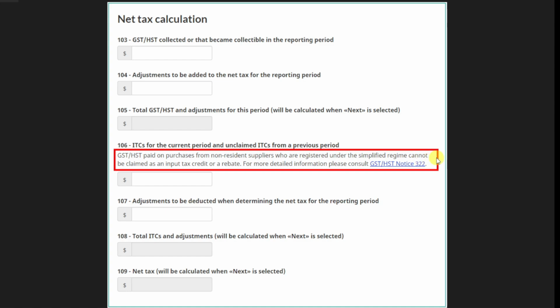For more detailed information, please consult GST/HST Notice 322." I read that and I thought, wait, what? There is such a thing as GST/HST charged on a business expense that actually cannot be claimed as a credit?